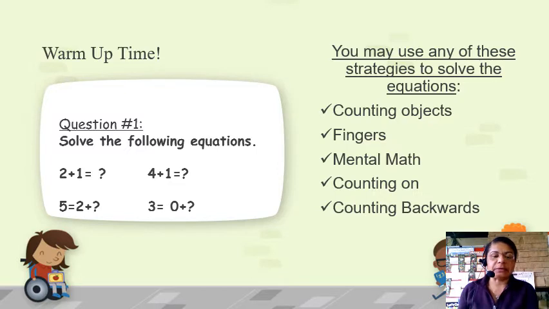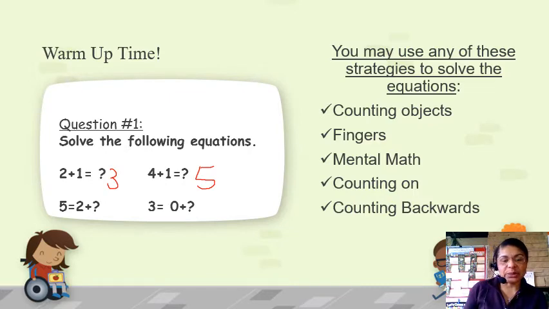And let's see if you got this right. All right, 2 plus 1. Did you get 3? 4 plus 1. Did you get a 5? 5 is the same as 2 plus 3.